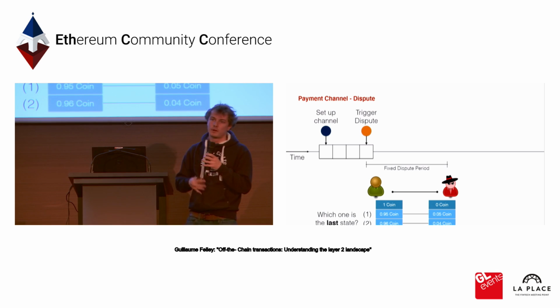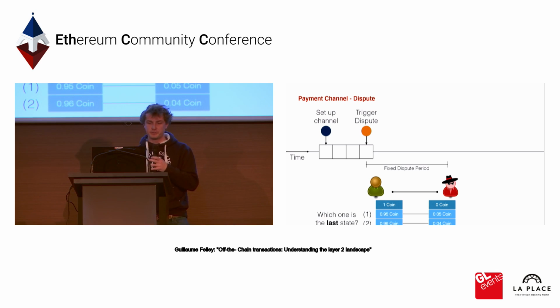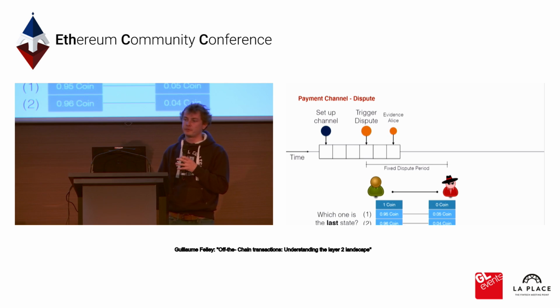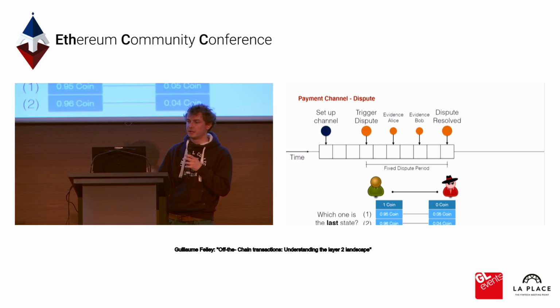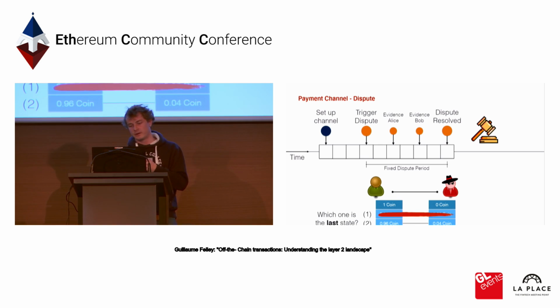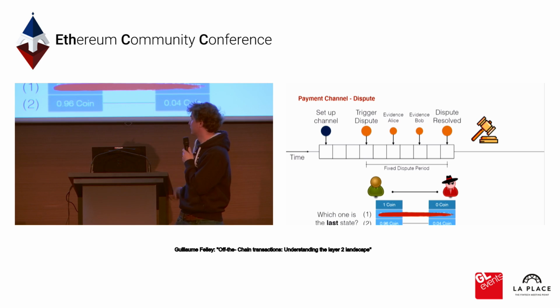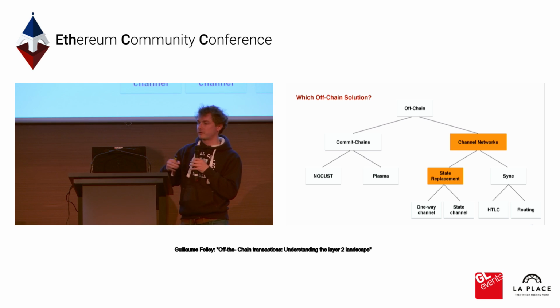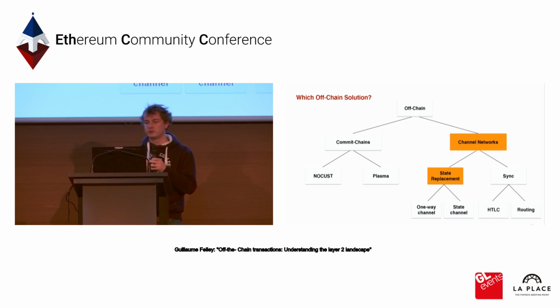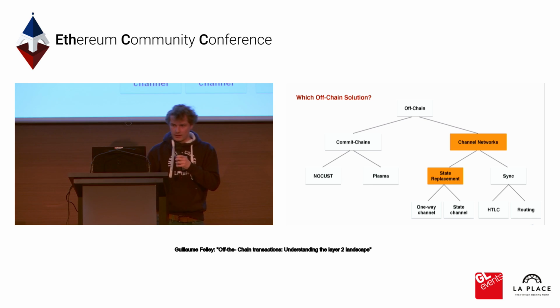Either of the 2 parties can start a dispute, and both parties will provide their own evidence, and the blockchain will settle the dispute and choose which state is the latest, and hopefully it will choose the last one.